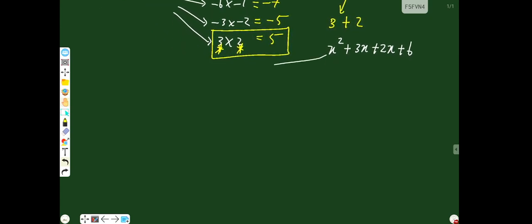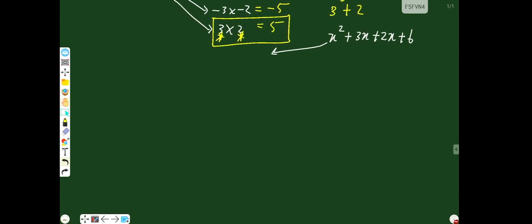I'm going to copy this down here so that I have enough space. x squared plus 3x plus 2x plus 6. Look at the first two terms, x squared and 3x.